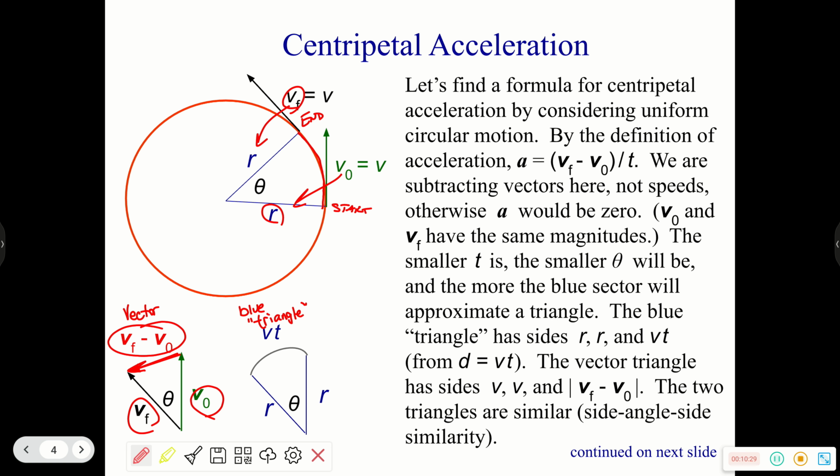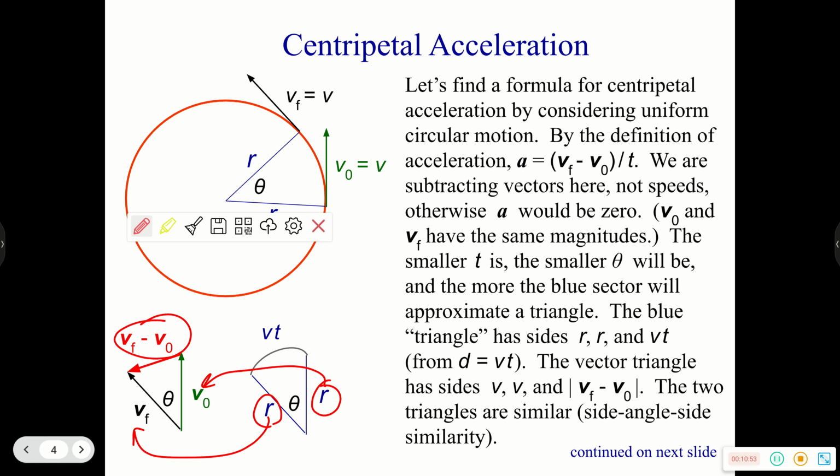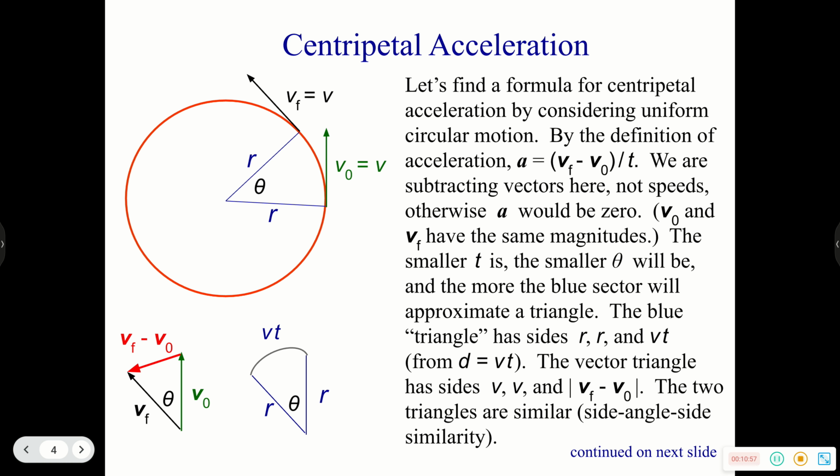The two triangles are similar, and by the geometric proof of side angle side similarity, we can determine that this radius will match up here, this radius will match up here, and that VF minus VI will be the resultant there.